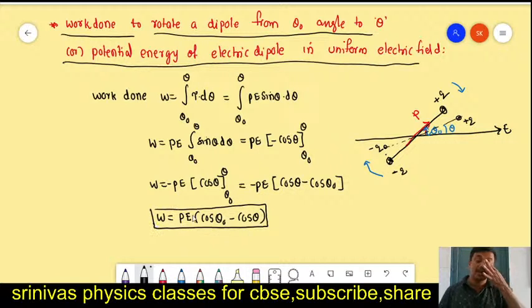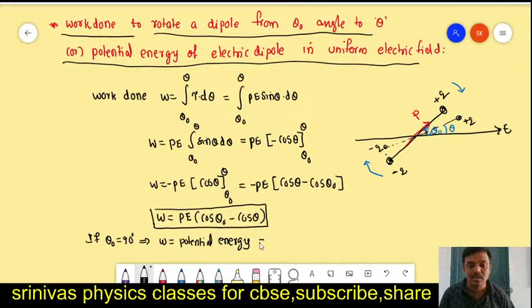Now, if the initial angle theta naught is 90°, then the work is equal to potential energy. Remember it: work is equal to potential energy, that is U. When you substitute theta naught as 90° in the above equation, you will get P E into cos 90 minus cos theta.